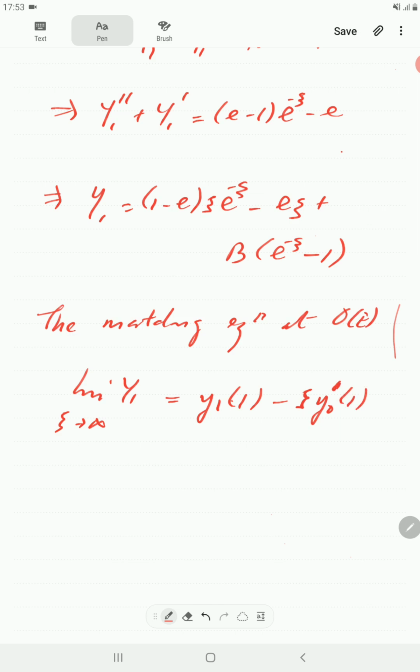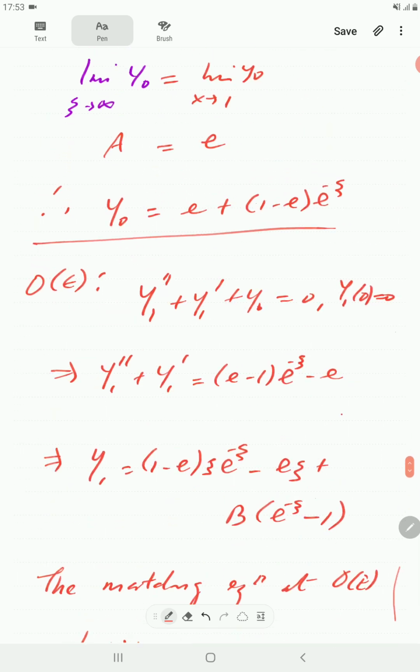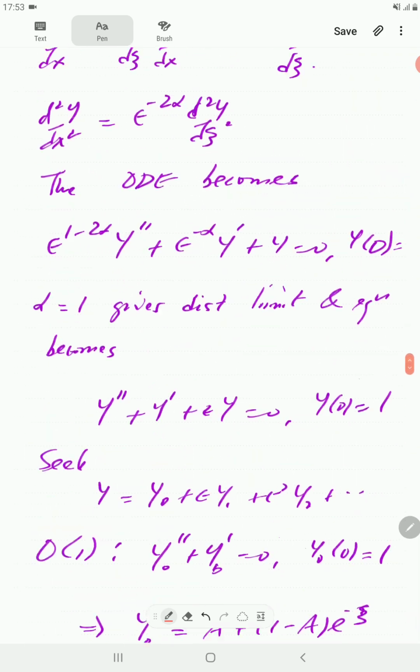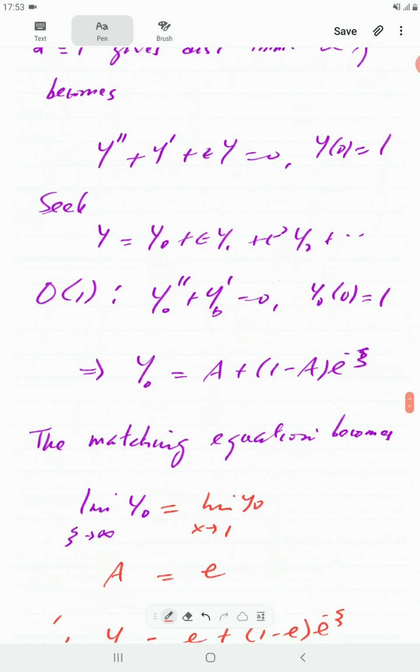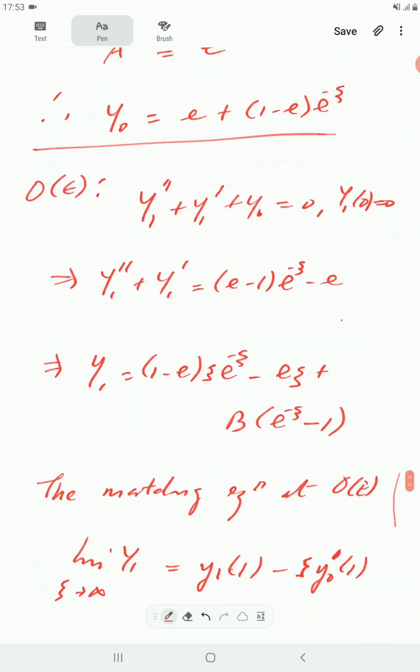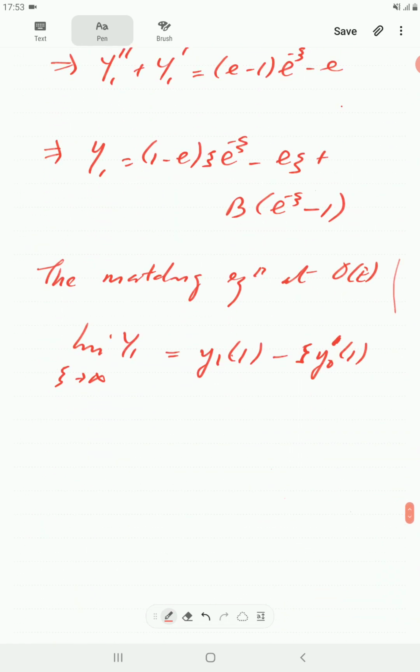This negative again is due to the fact that there is that negative in the relationship between xi and x. So when we do the Taylor expansion here, then the second term is going to have that negative.